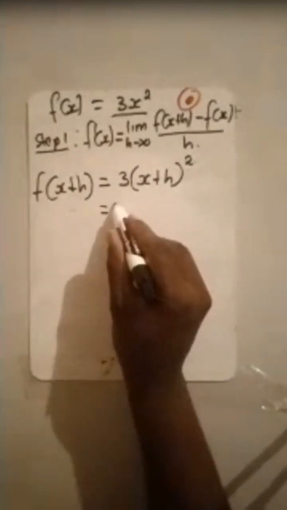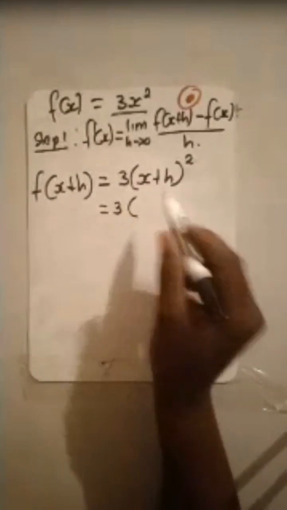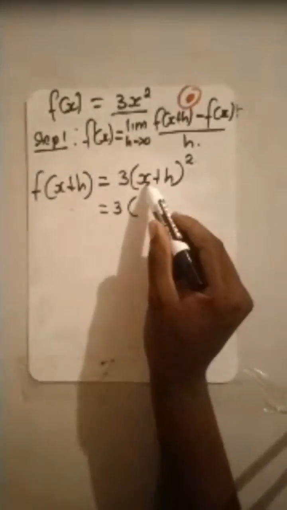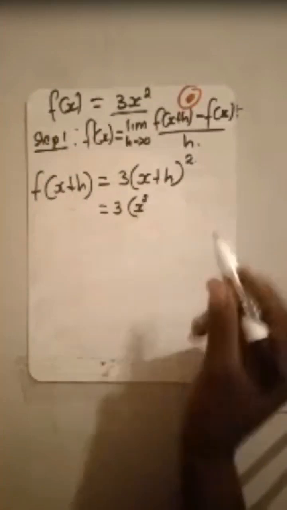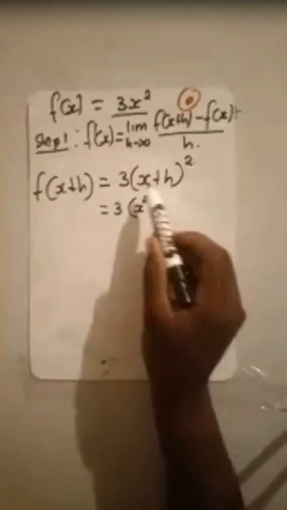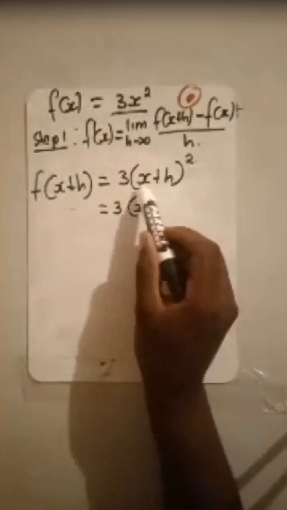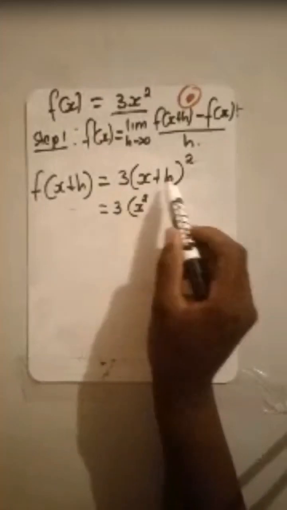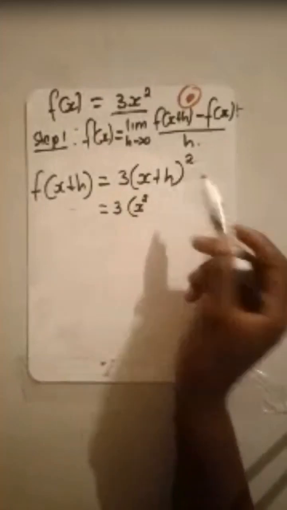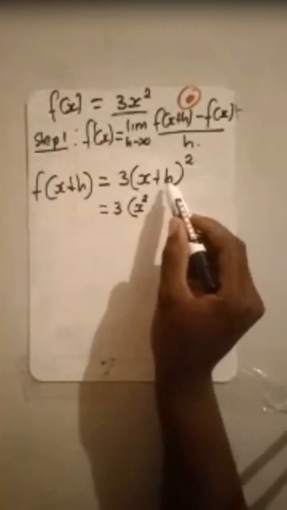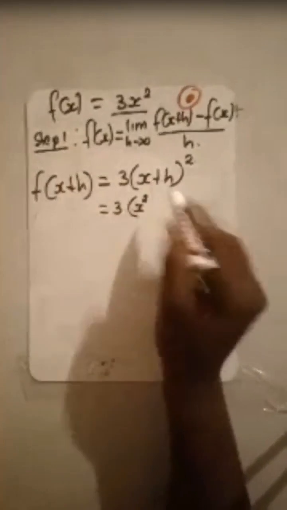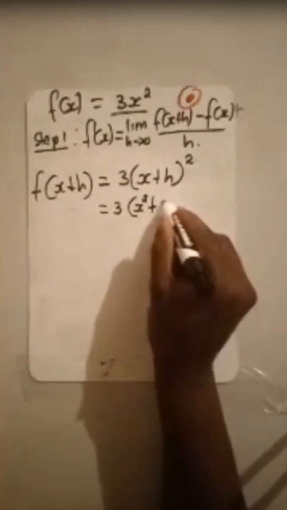We do it by, this is 3, then square the first term, which is going to be x squared. Then for the second term, multiply the 2 terms, x times h, you get xh, and multiply that by 2, you get positive 2xh.